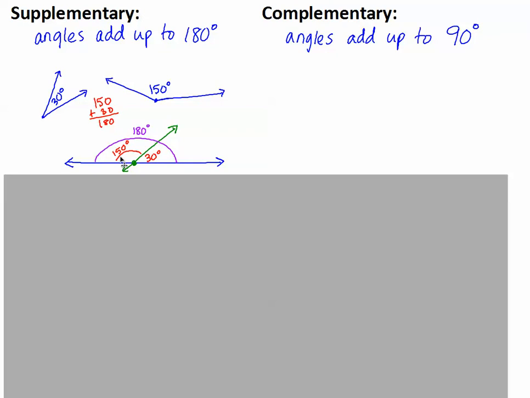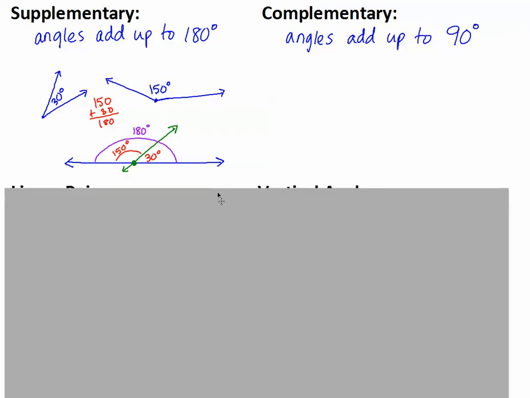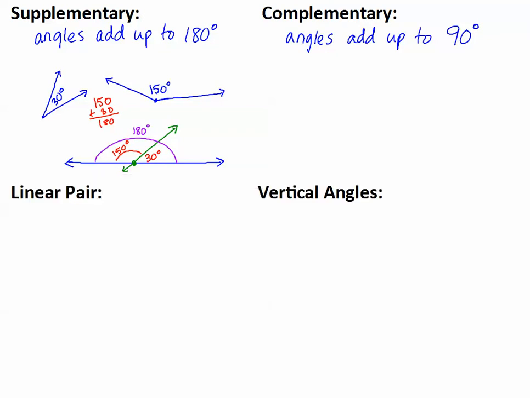Now, if the supplementary angles are from a straight angle like that, then they have a better, more specific name, linear pair. Linear pair is that picture. The angles that are adjacent on a line, so there's that word line right there. Think of it as angles that are adjacent, next to each other, they're on a line, they create a line together.